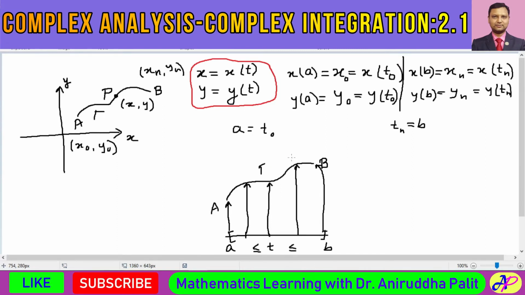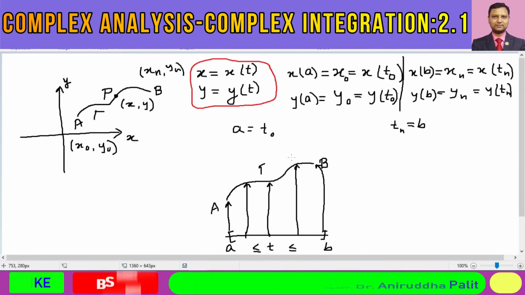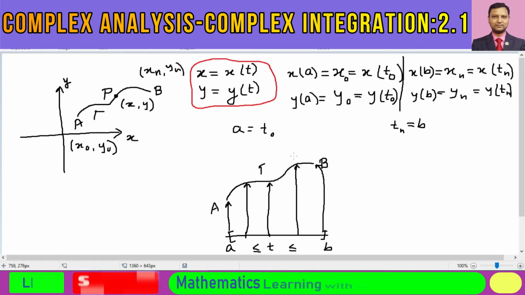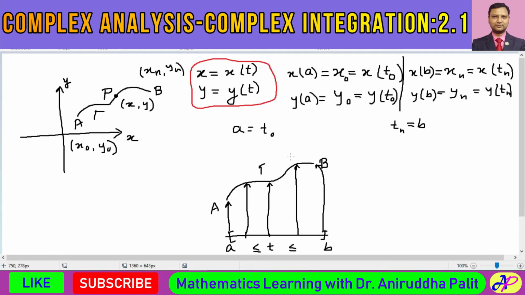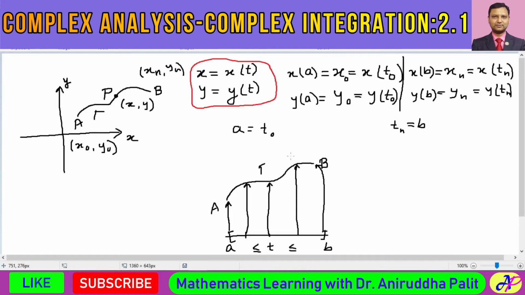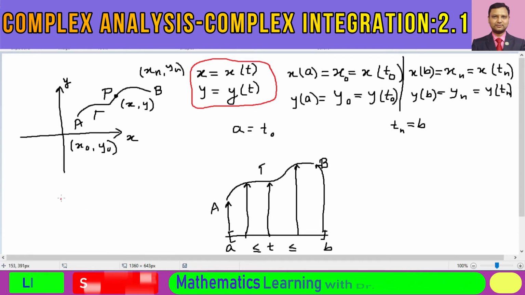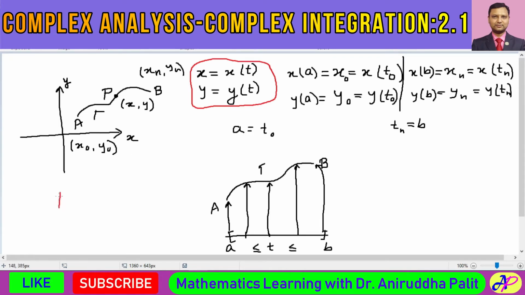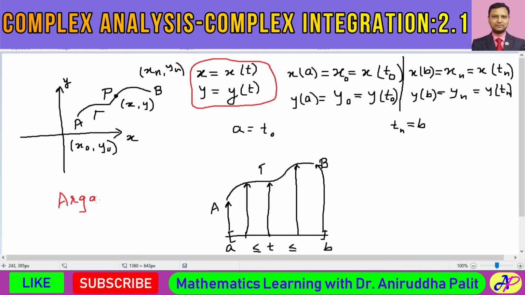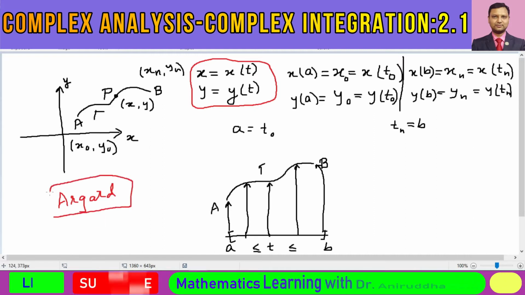So that is the idea of a curve in a two-dimensional plane x comma y, or you can consider this as a curve in the z plane, which is also known as the Argand plane.